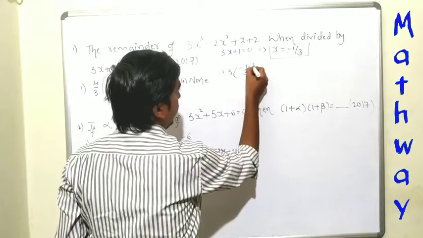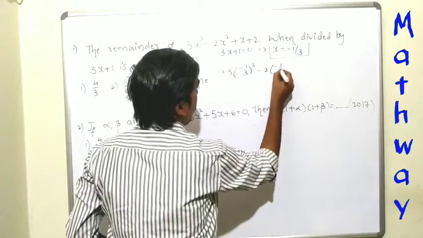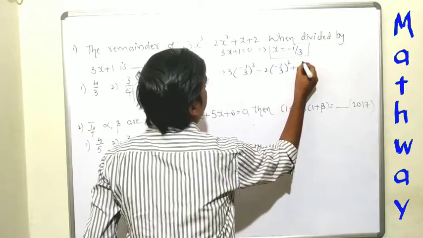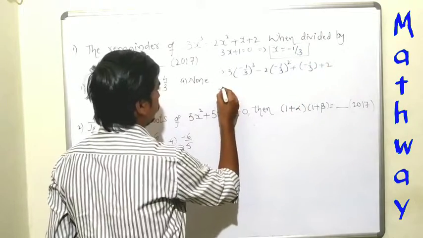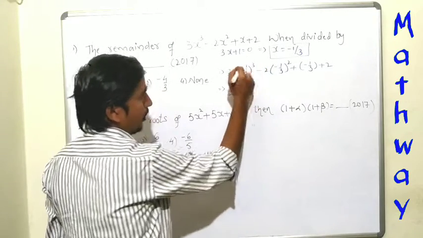So 3 of minus 1 by 3 cube, minus 2 of minus 1 by 3 square, plus x, which is minus 1 by 3, plus 2. Take the cube for both terms.